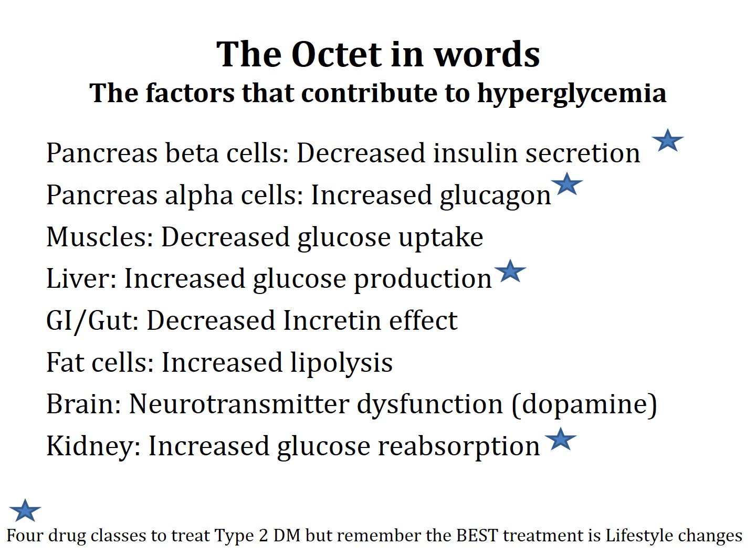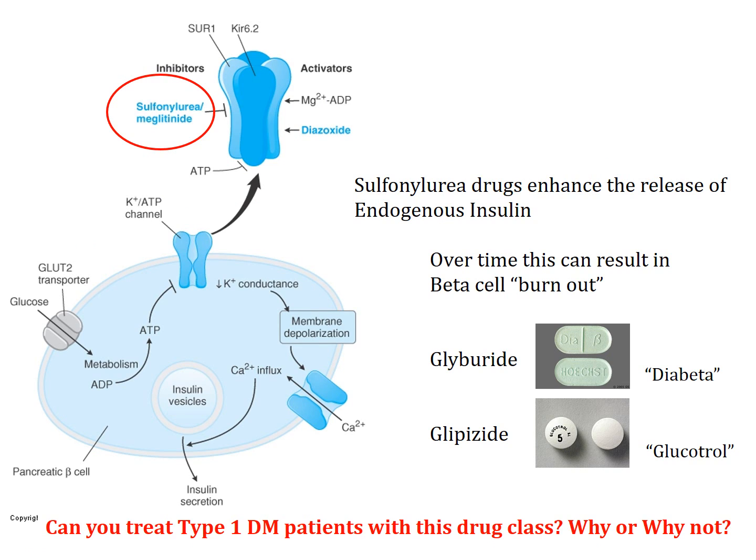So let's look at these 4 drug classes quickly here. Here are the sulfonylurea drugs. The sulfonylurea drugs allow you to secrete more insulin. This will never work in a type 1 diabetic patient. Oh, geez, I just gave the answer away. All right, forget it. Hold on.